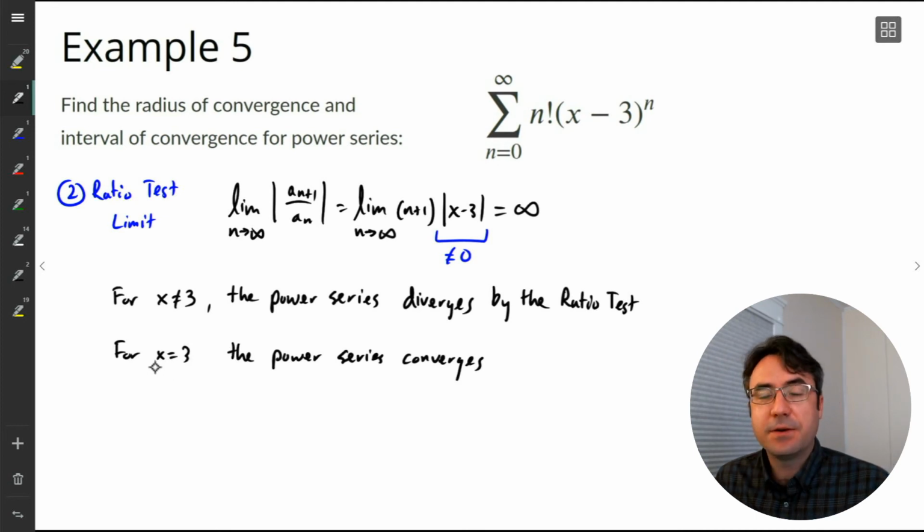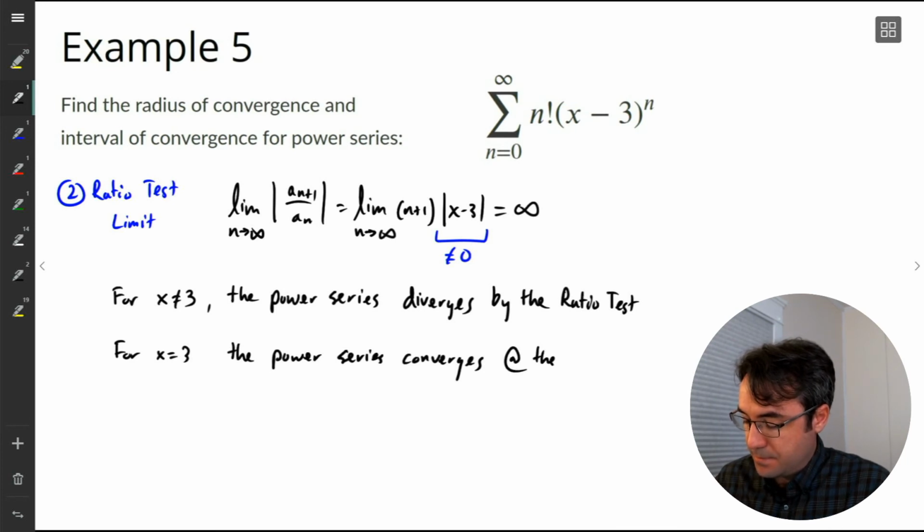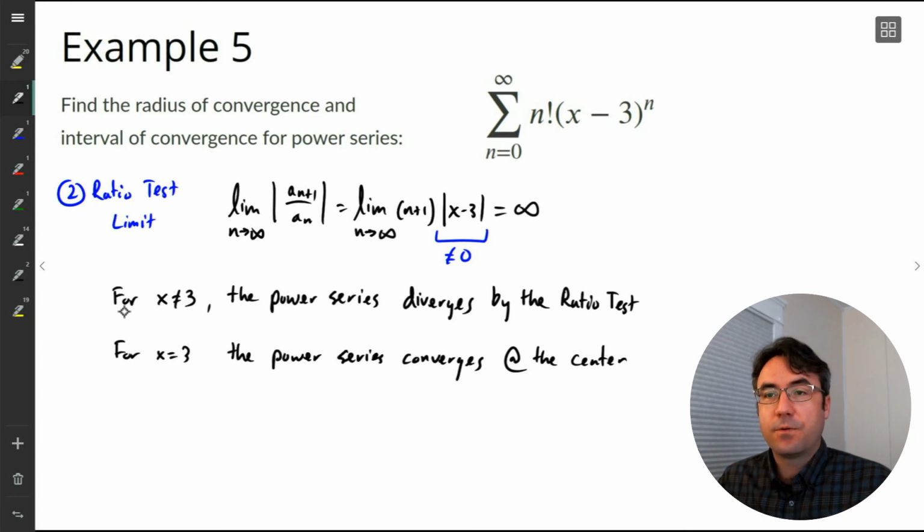So we're always guaranteed to have at least one x value where the series converges, and that's because we're always going to have convergence at the center. So for all of those x values, the ratio test showed that it diverges except that one specific x value.